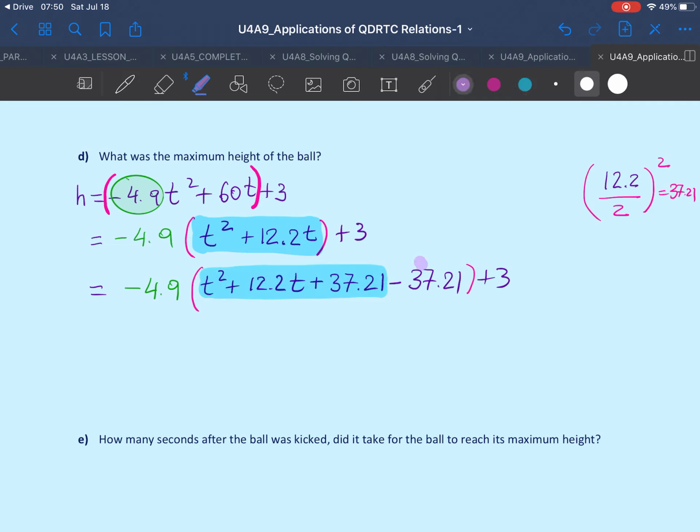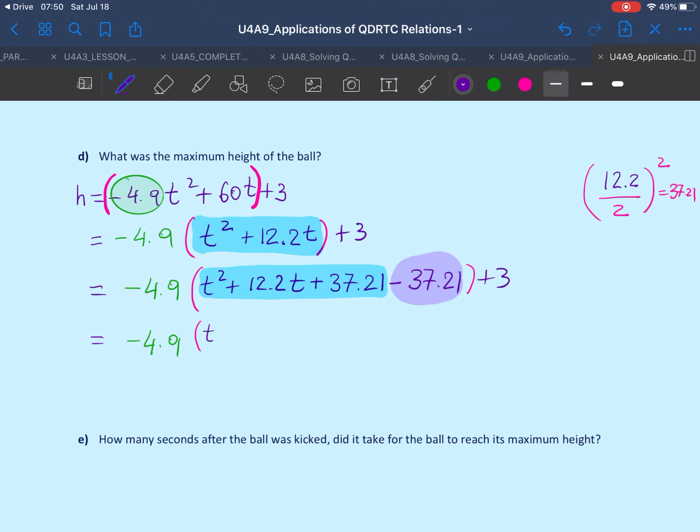Okay, and we have one last term here that we had to subtract just because we can't change the value of the equation, but this term has to come out. So we're going to take care of it now, this step. We're going to say we have negative 4.9 still sitting here.